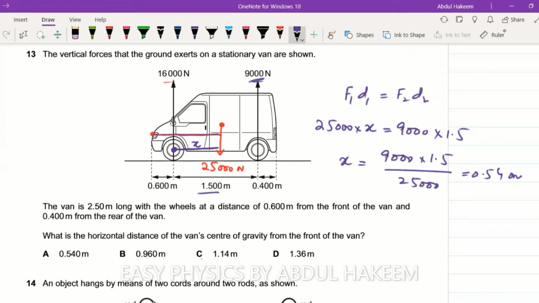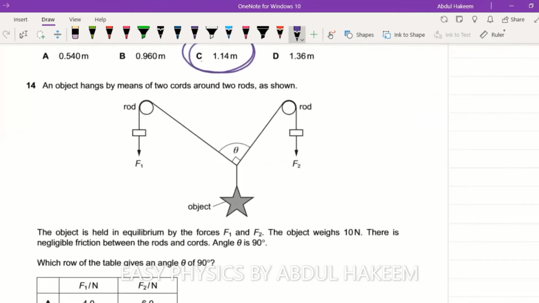So the gap between the wheel and the front is 0.6. So the total distance will be 0.54 plus 0.6, so it becomes more than 1. So it is 1.14. So C is the answer, because the distance from the front is required. And this x distance is from the pivot, which is the front wheel. And the next.